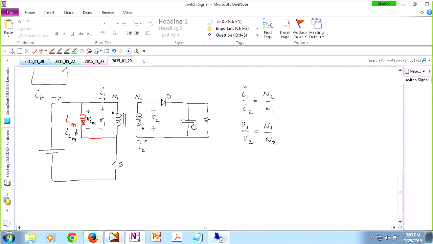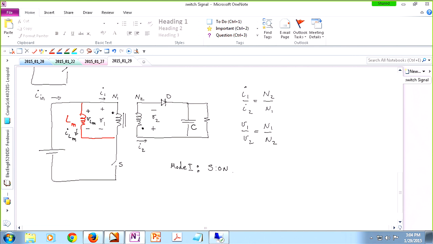Okay, so similar to the previous converters that we have analyzed, we have two modes of operation. Let's look at the first mode. We have turned the switch on, or the switch is closed, and then you have to figure out what happens to the diode.